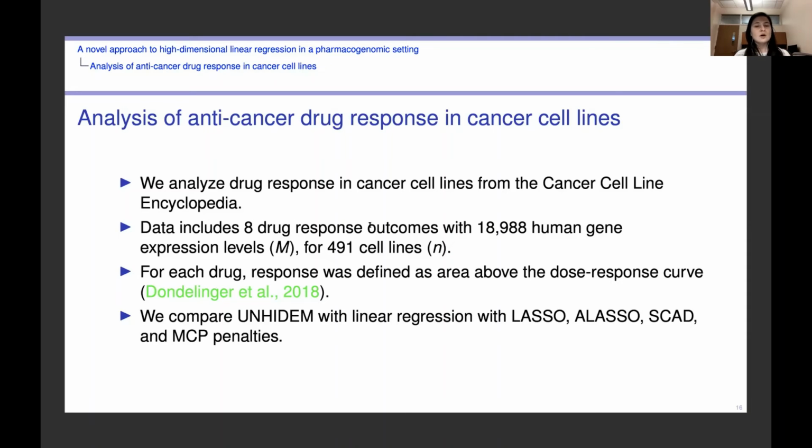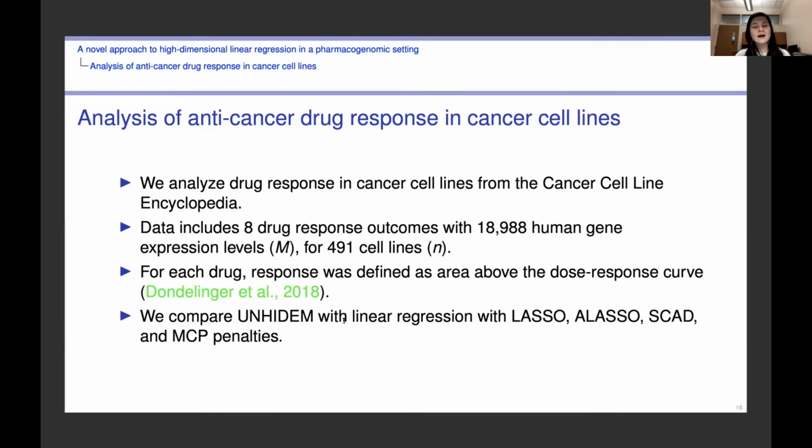For each of these drugs, we have a drug response outcome. For each drug, the observations are 491 human cell lines, and the predictors are nearly 20,000 human gene expression levels. Drug response, more specifically, is the area above the dose response curve, as defined traditionally in such studies.